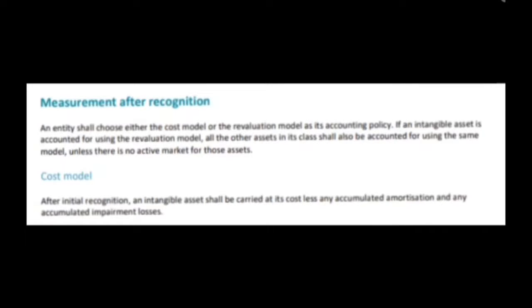So a decline in the value of an intangible asset means amortization. And impairment loss means that your fair value declines below the market prevailing value, so you account for it as an impairment loss.